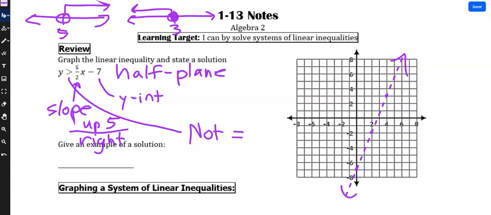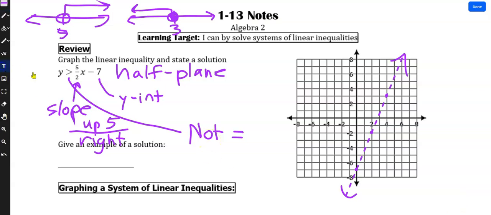We are interested in knowing which side of the line to shade. And we can plug in points until we figure it out. It wouldn't take us that long. We just have to plug in one point on either side of the line, whichever side we want. But we don't actually have to.